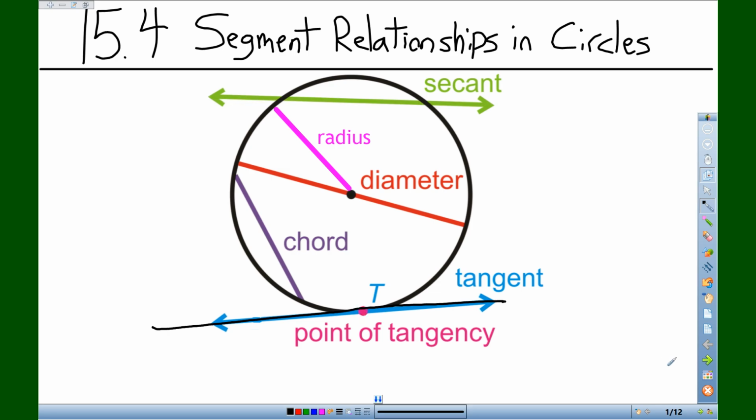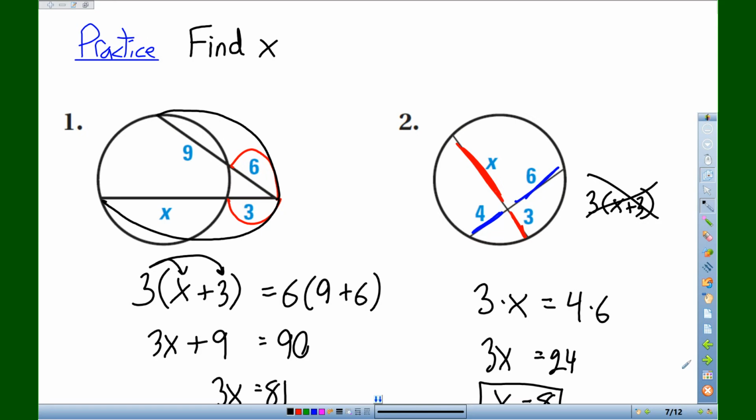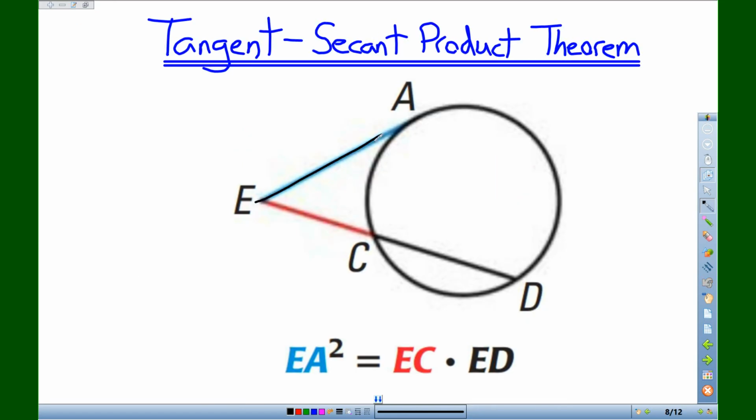If you take a look at this formula, the picture of the circle, our tangent line is this one right here, right? It's touching the circle at just a single point. Here's the formula. We take that tangent line and we square it. And then the other line is a secant line, and we do the same thing we were doing before. We take the outer segment, we multiply it times the entire line.